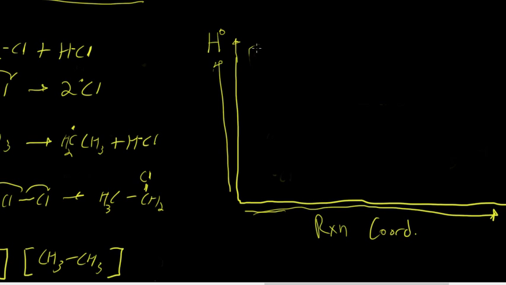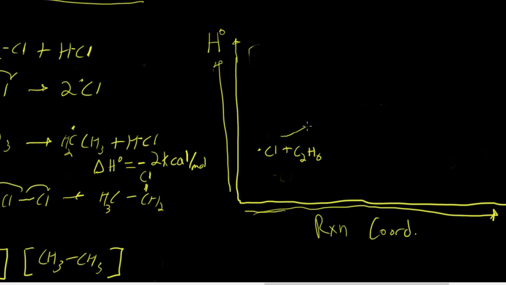So you'll have chlorine radical and ethane, I'll write it as C2H6 to save some space, as the reactant. And this step is actually exothermic, unlike the case of methane. This is -2 kilocalories per mole.